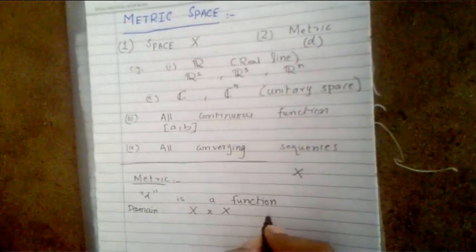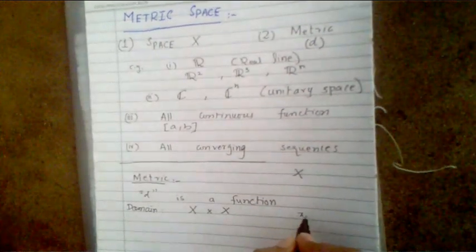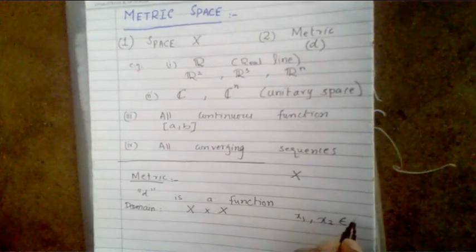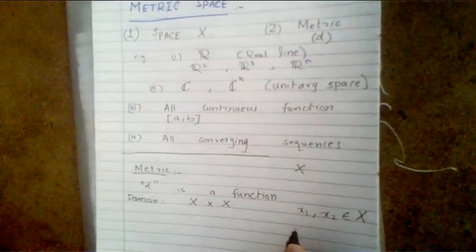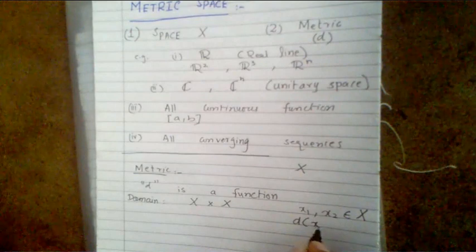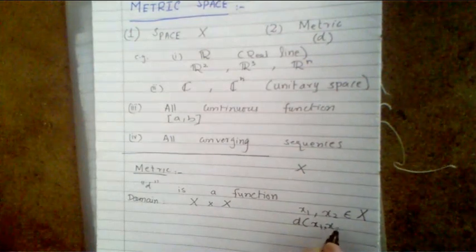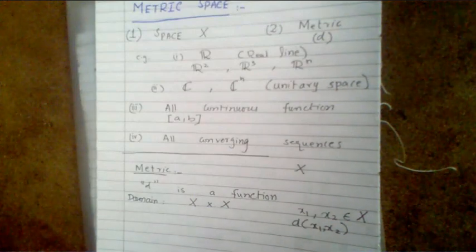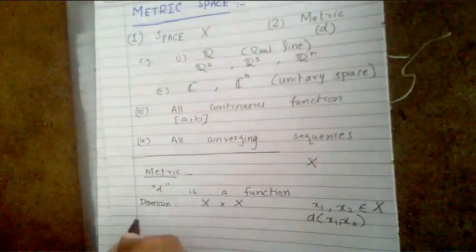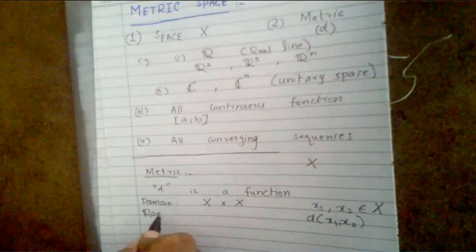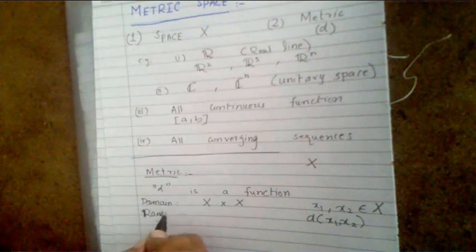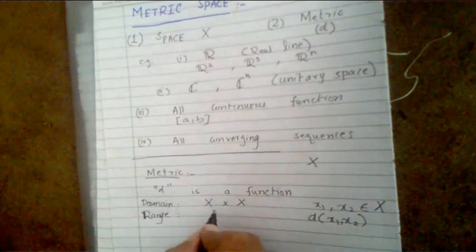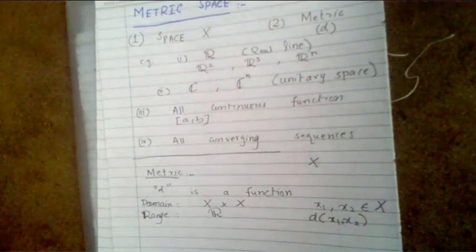For example, if x1 and x2 are two members of the space, then d is applied on the ordered pair of these 2 points in X. Next, what is its range? Its range is the set of real numbers.